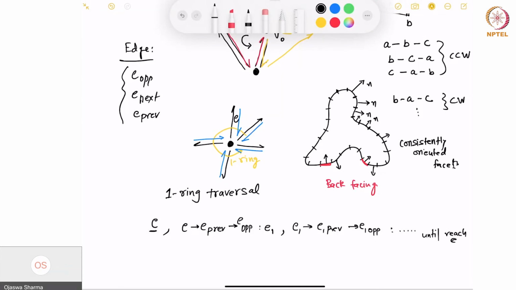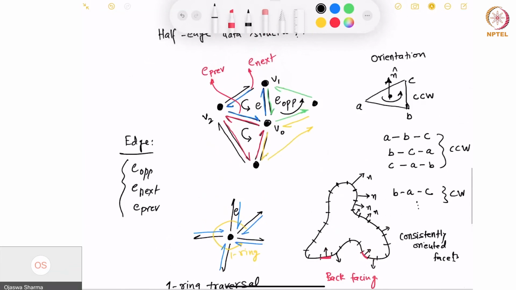And then of course, with every half edge, you have a pointer to its face, the left face. So you could always see that this face is always to the left of E, to the left of E previous, and to the left of E next.